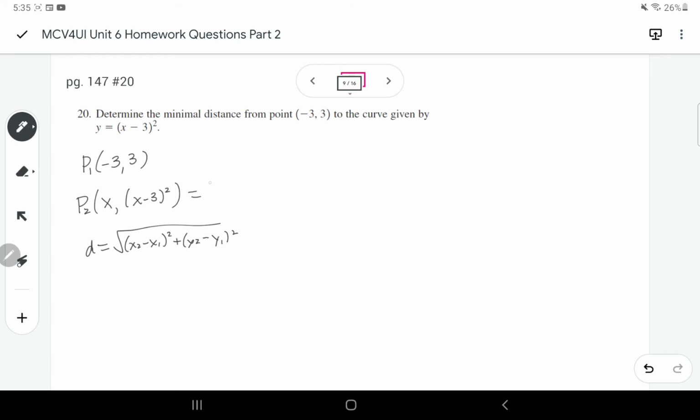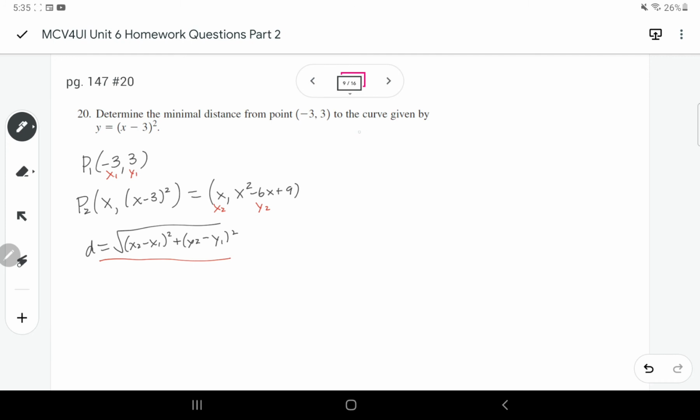So I'm going to rewrite this. I feel like I'm going to have an easier time if I call this x and then x squared minus 6x plus 9. That's going to be my x1, y1. And this is going to be my x2, y2, and we want to minimize that distance.